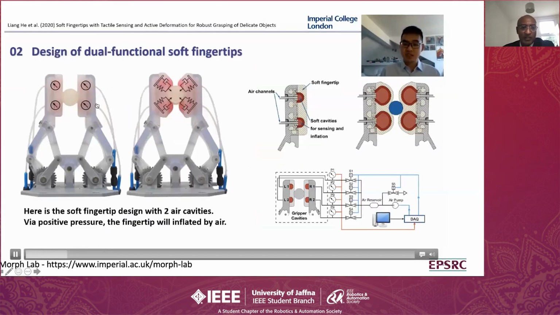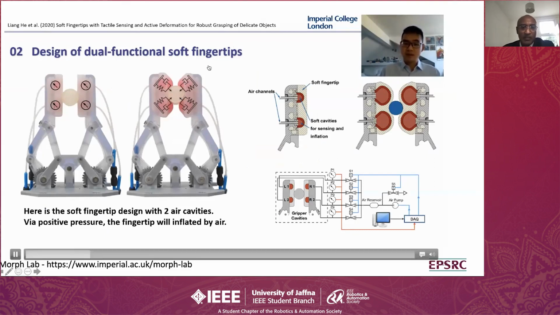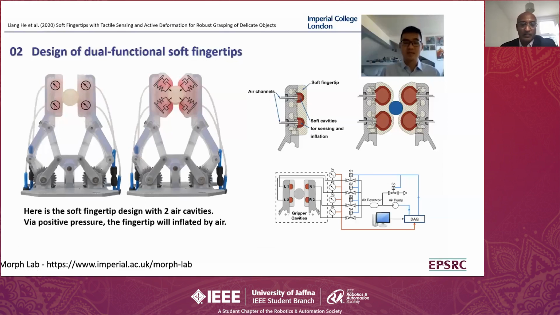These fingertips can inflate and wrap around an object to have a stable grasp. At the same time, these inflated fingertips can work as sensors. When you press an object against this fingertip, the pressure wave can be taken as a sensing signal. So it is both an actuator and a sensor.